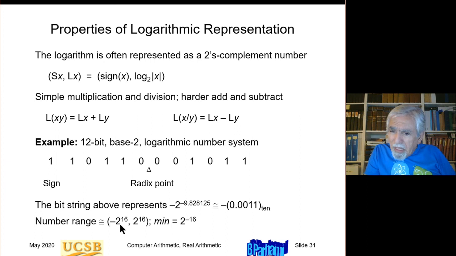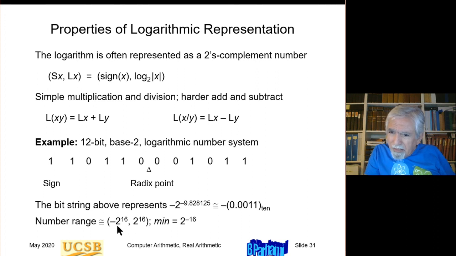The number range for this particular format is approximately -2^16 to 2^16, because for the largest number that I can represent, the sign is 0 because I'm positive, I have 1, 1, 1, 1, that's 15, then 1, 1, 1, 1, 1, that's almost 16.